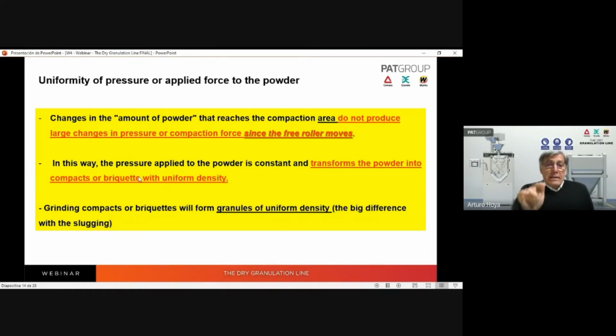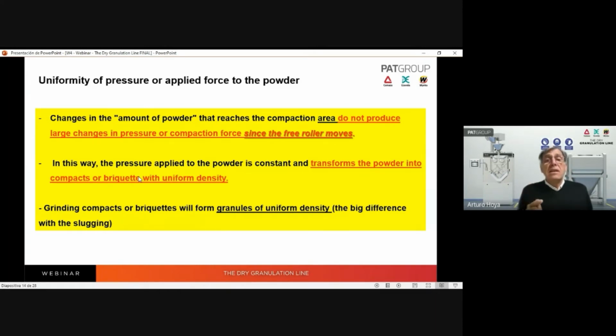So this type of briquette with uniform density, when ground, will form granules of uniform density. And this is the big difference with slugging.